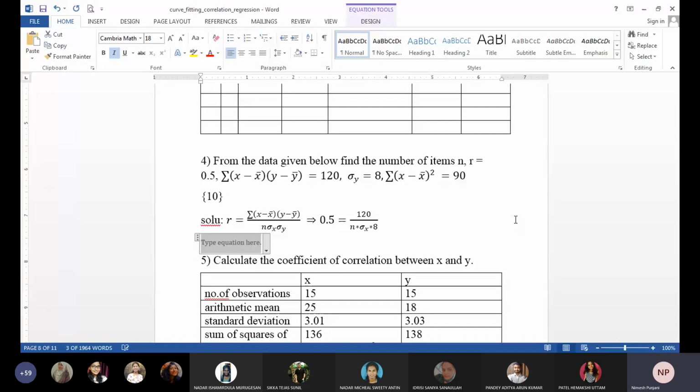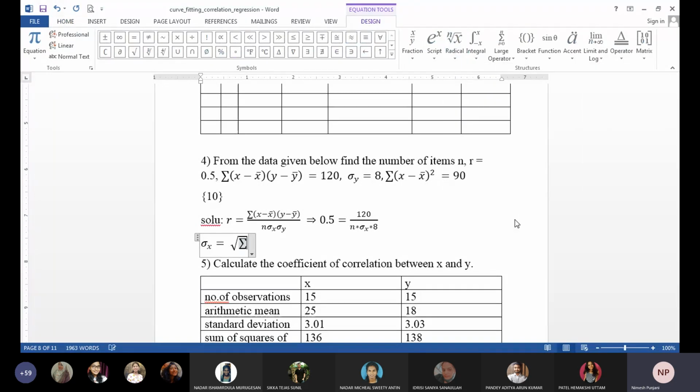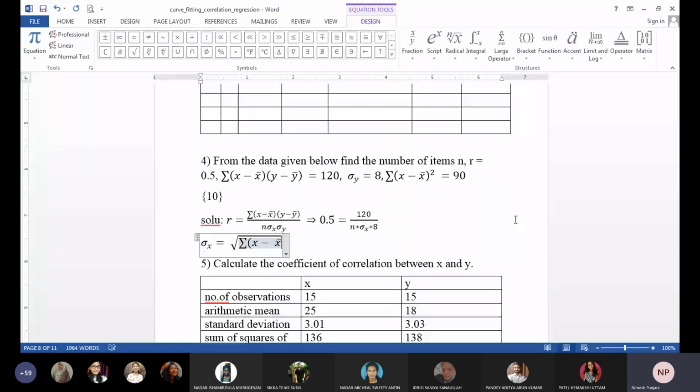Now what to be done? Here there are two unknowns, so first we will find out what is our sigma x. The formula for sigma x is square root of summation (x minus x bar) whole square divided by n.